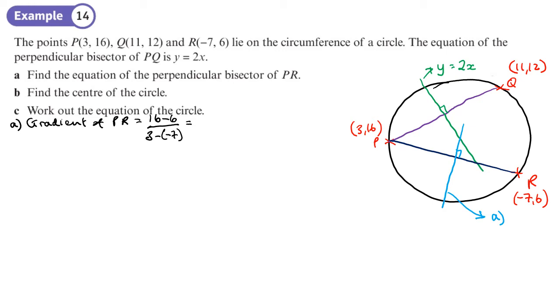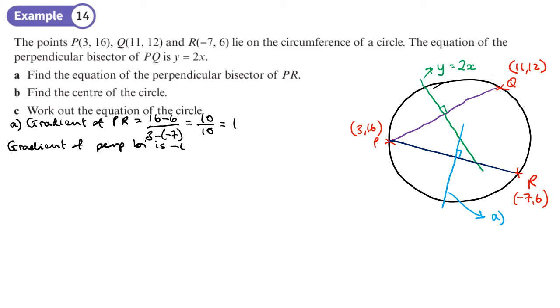That gives us 10 over 10, which is 1, which is nice. So the gradient of this perpendicular bisector is going to be -1.